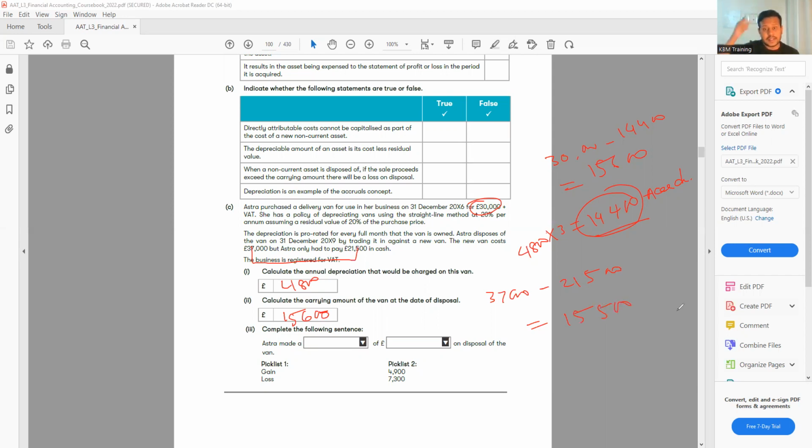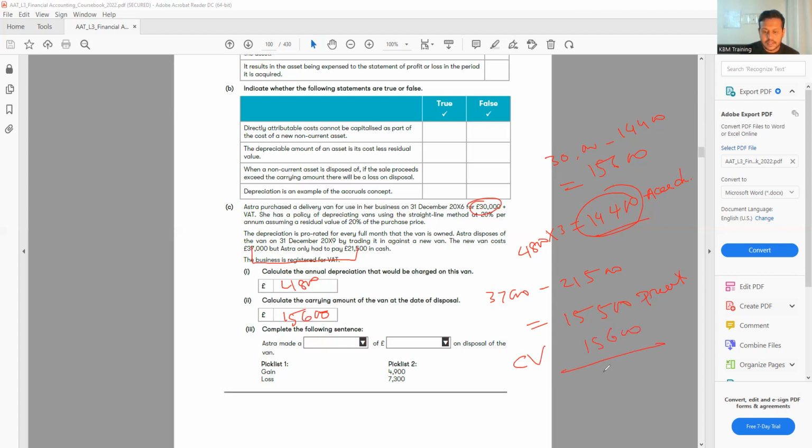15,500, we have the selling price here. And the carrying value we have here is 15,600. This is my disposal proceeds. And we have the carrying value, that is 15,600.